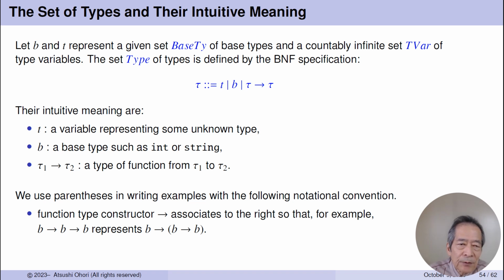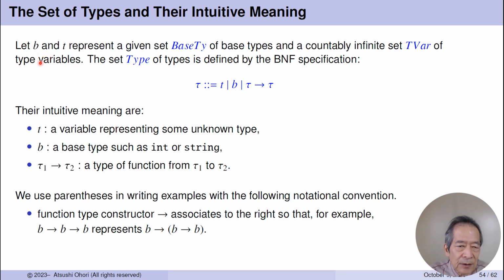For this purpose, we define the set of types and review their intuitive meaning. So let B and T represent a given set, respectively base types, and a countably infinite set of type variables.